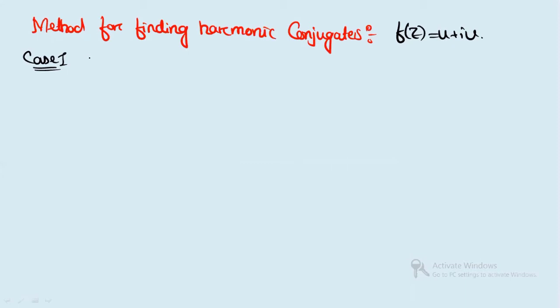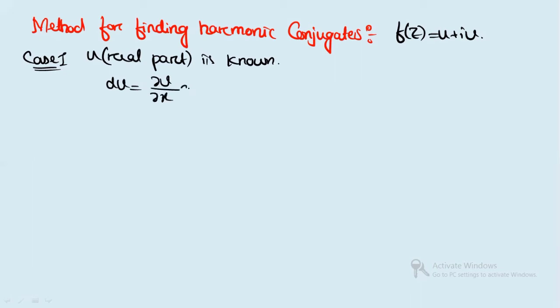When u, the real part, is known, you have to find v. So for that you will write dv equals del v del x dx plus del v del y dy.